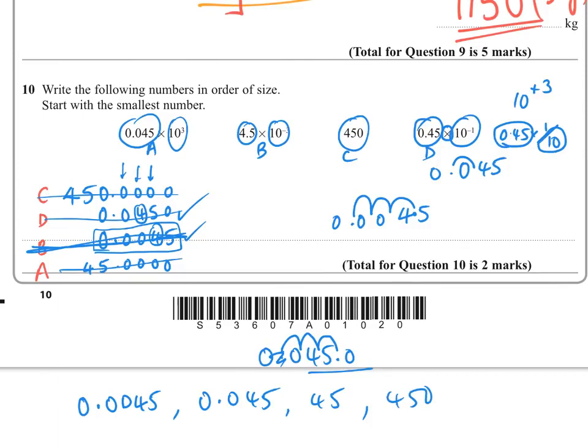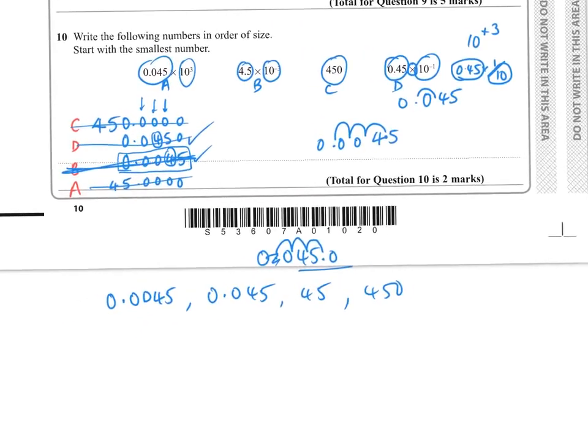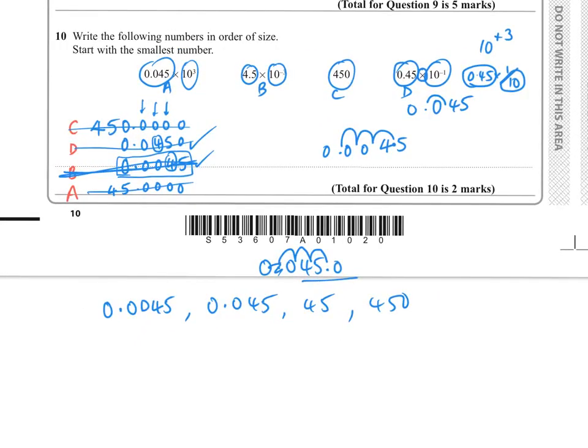And all you have to do is just make sure that you write the original numbers out, not the numbers you've just arrived at. That was just to help you. So you must write which one tallied with 0.0045. Well, that was B, which was this one, which was 4.5 times 10 to the minus 3. So we can cross that one out.